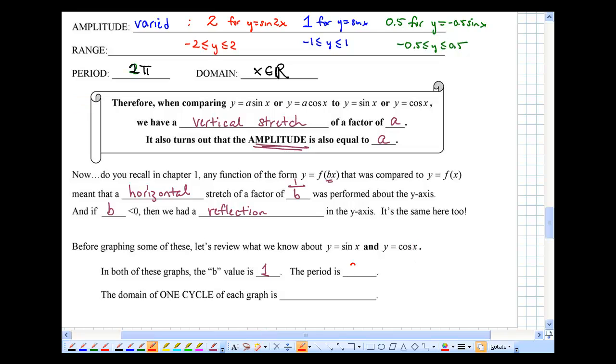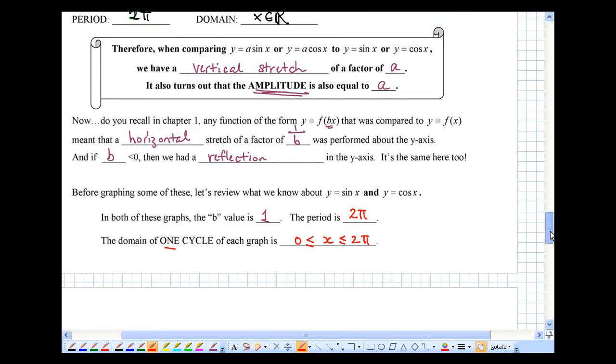Good. So the domain of one cycle, just one cycle, not for everything, must be between 0 and 2 pi. Okay? Keep that in mind now as we look at what happens when we change the value of b.